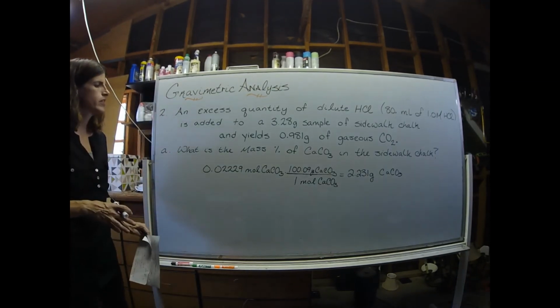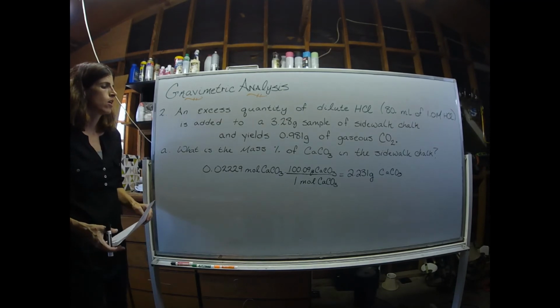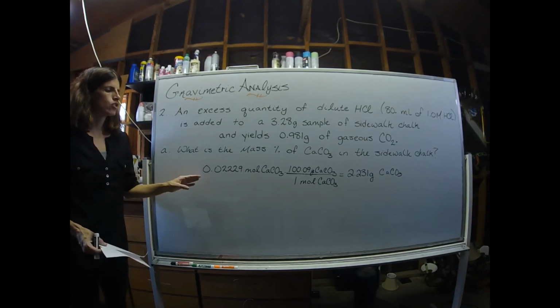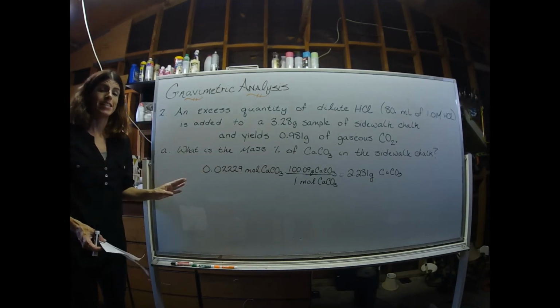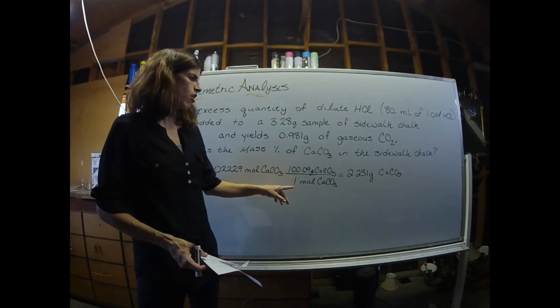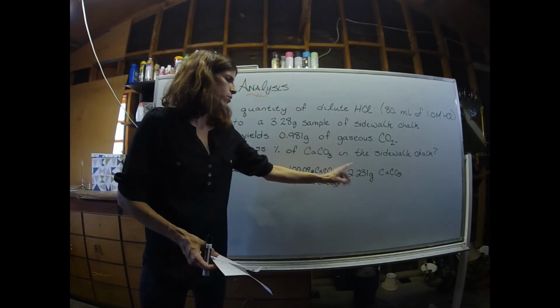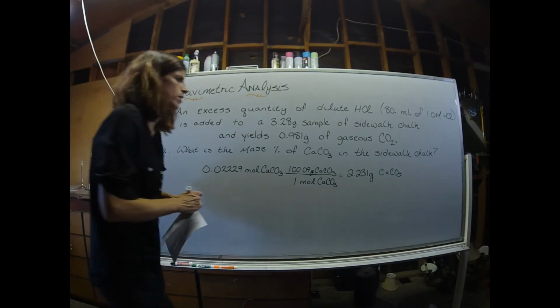Question A asks us to solve for the mass percent of calcium carbonate in the sidewalk chalk. So I took that initial mole quantity of calcium carbonate from the ICF table, and I used the molar mass of calcium carbonate and determined that that was equivalent to 2.231 grams of calcium carbonate.